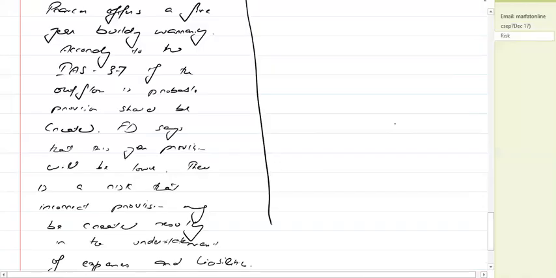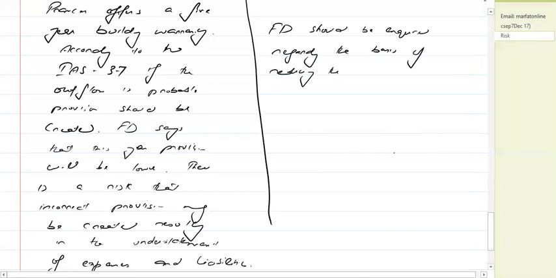Okay, then the finance director should be inquired regarding the basis of reducing the provision.